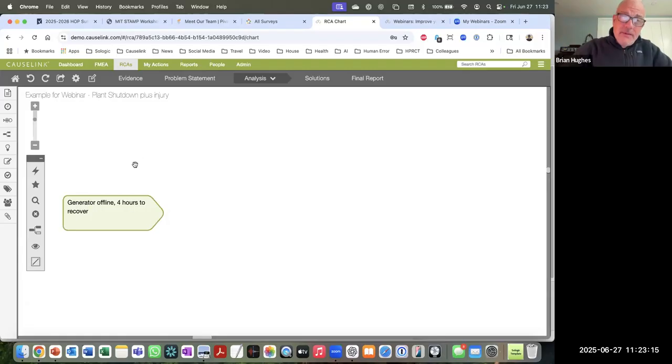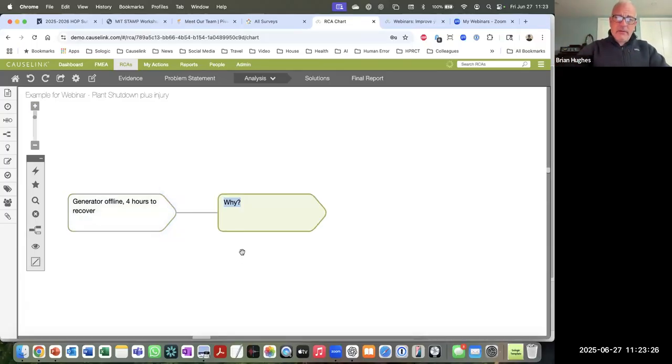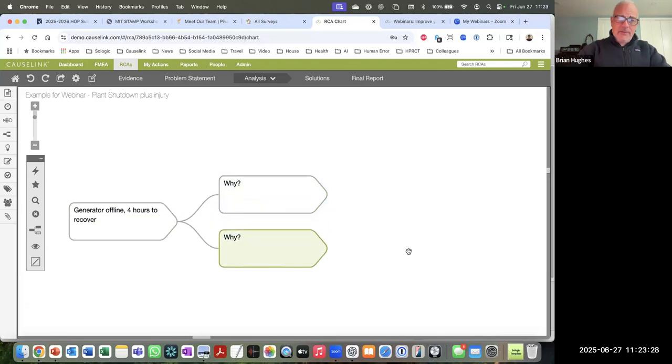I use templates. When I talk about reliability type problems like this, I am always going to have two causes off of the focal point. One is going to tell me the story of what I call the fault path. Why is the gen offline? And then I've got the recovery path. Why did it take 4 hours to recover?